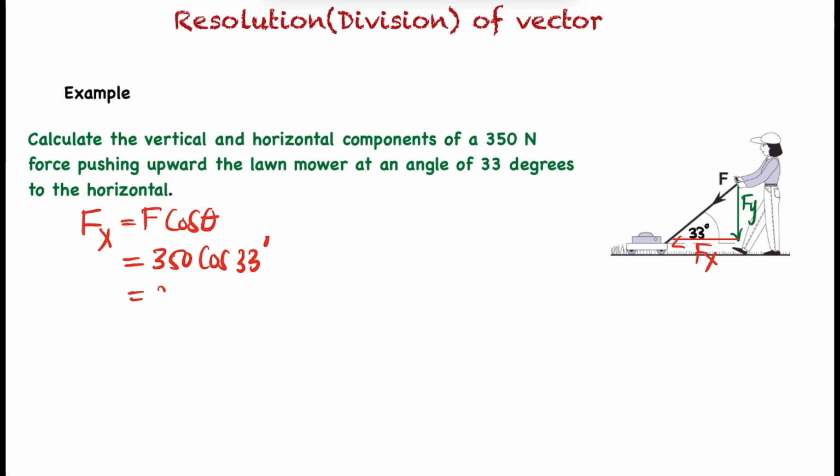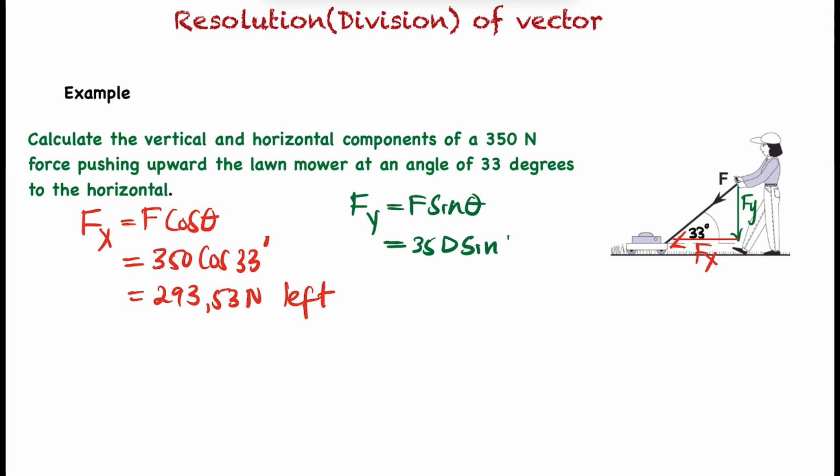So it's going to be 293.53 newtons. And where is it going? If you see in the diagram, it's going to the left. And then we calculate the vertical component. Its formula is F sine theta, which is going to be 350 sine 33 degrees.